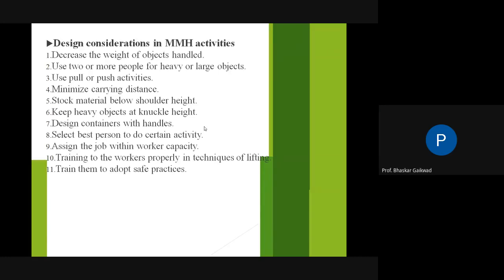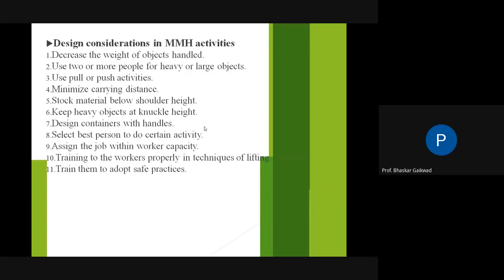Use pull or push activity. By pulling or pushing, such a type of device, like a fork, we actually require. Minimize the carrying distance. If the material handling distance from one place to the next place is more, we can think how we can minimize this.